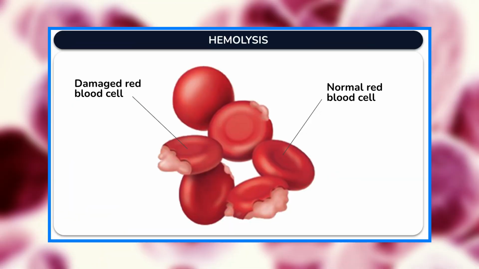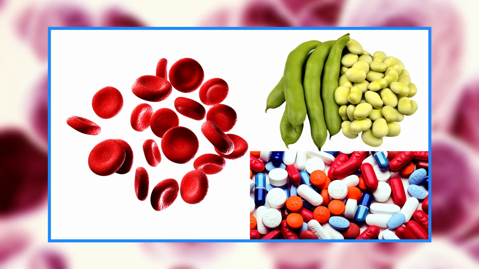This destruction of red blood cells is called hemolysis. Red blood cell breakdown may be triggered by infections, certain medications, stress, or foods such as fava beans. Depending on the specific mutation, the severity of the condition may vary from person to person.